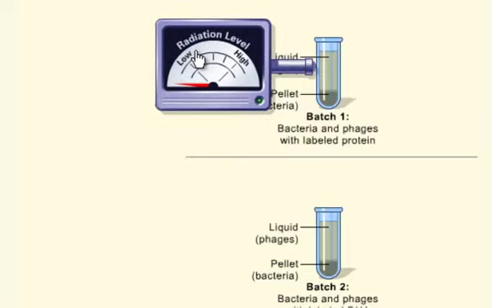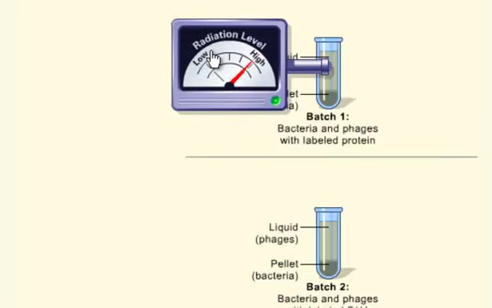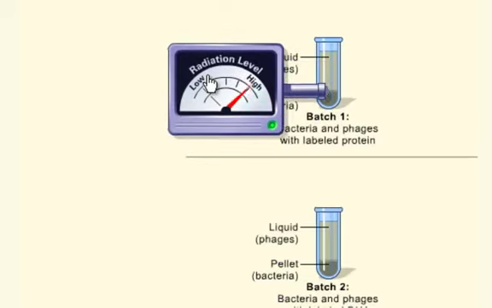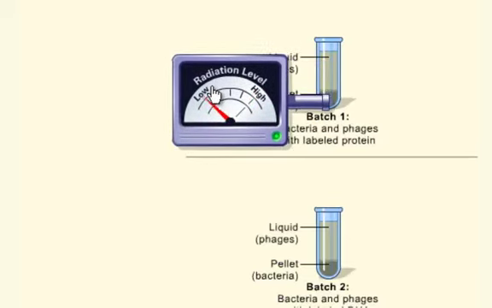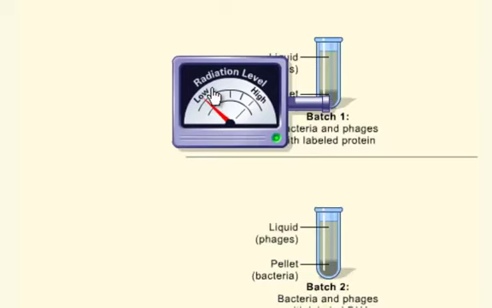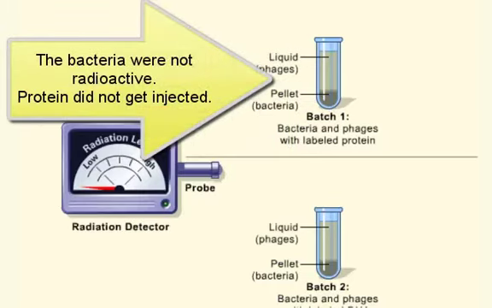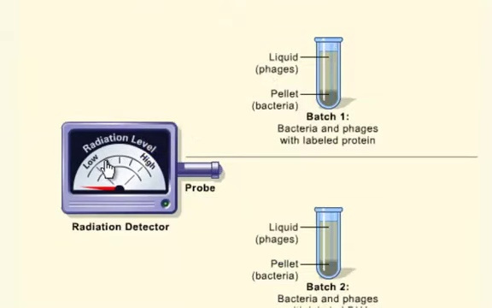For batch 1, had high radiation in the liquid, but low radiation in the bacteria. So they know that in batch 1, the radiation did not get injected into the bacteria. So that was the one with the protein coat. So that could not have been the genetic material because it didn't make it into the bacteria.